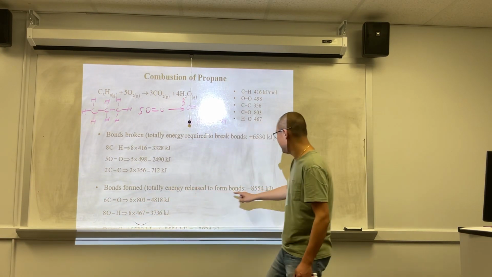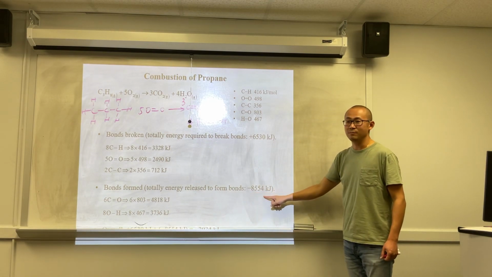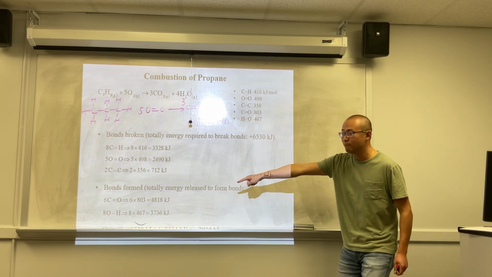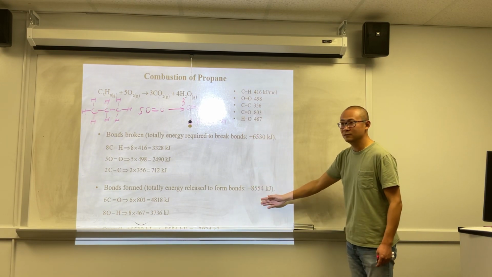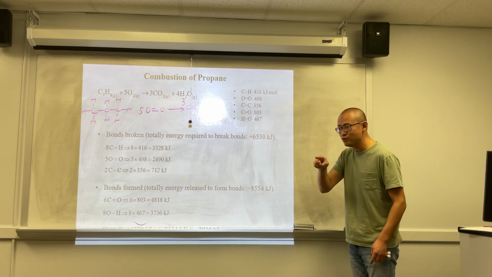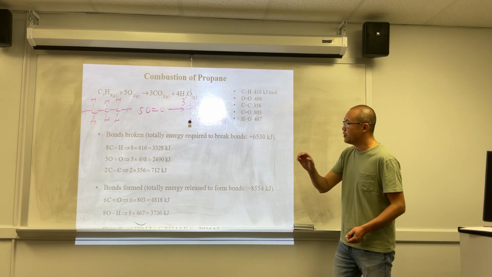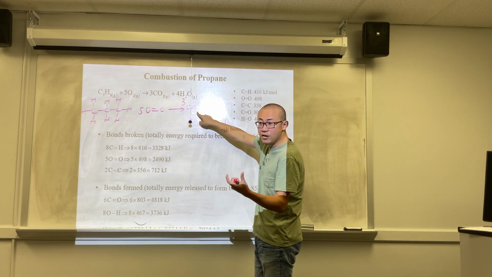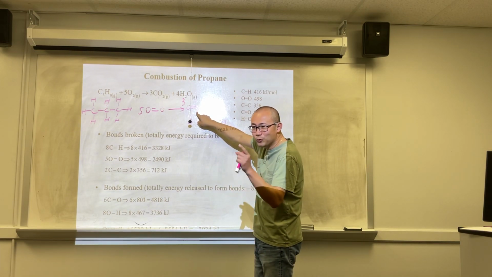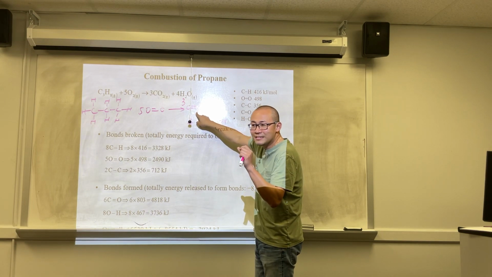I add them together, they're negative this much. Again, I put negative here, but you should have put a negative there as well. Good? Those are the breaking, those are the forming. I see one of you may have confused: a CO double bond does not equal 2 CO single bonds.